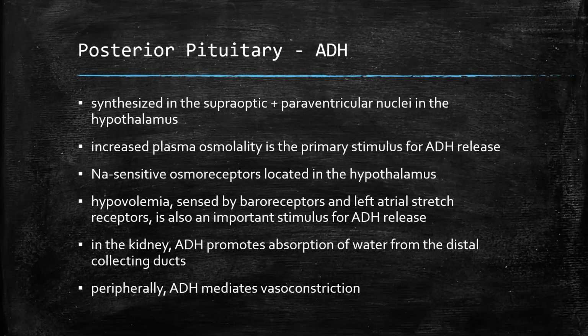And if the sodium concentration rises, indicating increased osmolality, ADH is secreted. ADH is also secreted in response to hypovolemia. And so baroreceptors that detect this also are an important stimulus for ADH release. The whole job of ADH is to promote water absorption. And this happens in the distal collecting ducts of the kidneys.